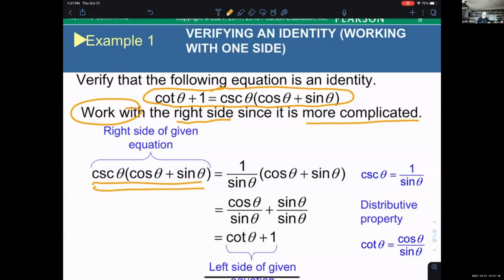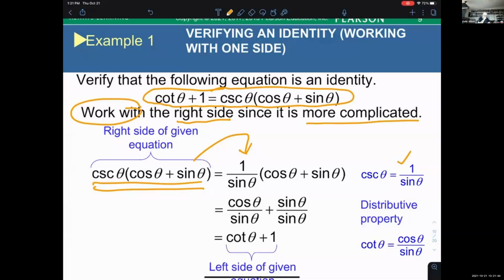And so what do they do with that? Well, one of the things I'm pointing out here is they converted cosecant theta into 1 over sine theta using the reciprocal identity. That's also one of the hints that they described above, where you could try converting all the functions into just sines and cosines and simplifying from there. So they chose the more complicated side.